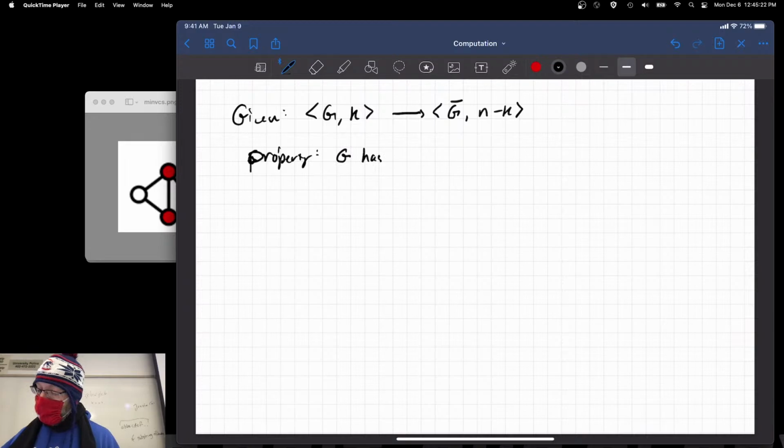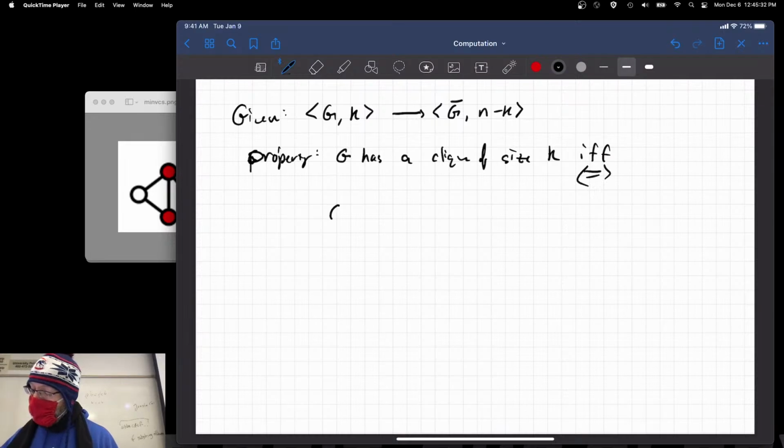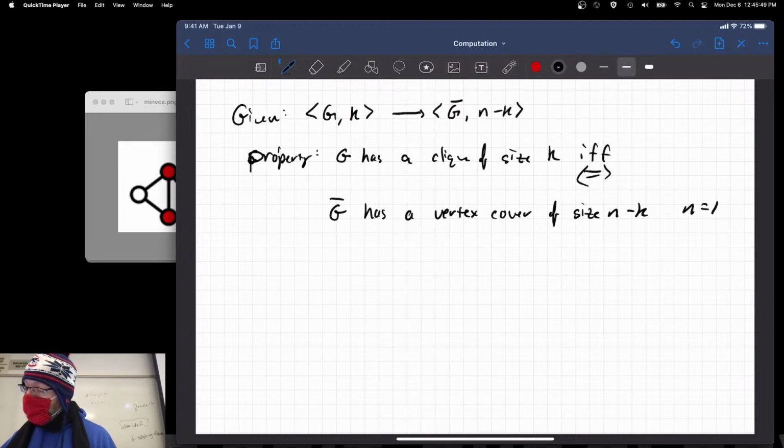G has a clique of size k if and only if, in other words, it goes both ways, G complement has a vertex cover of size n minus k. Remember what n is here? That's the number of vertices. That's a universal. We always just use n as the number of vertices, m, as in math, as the number of edges.